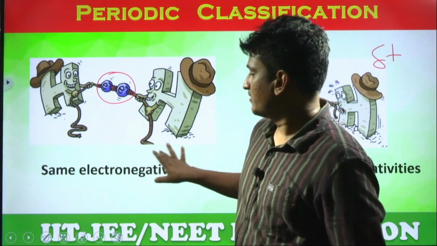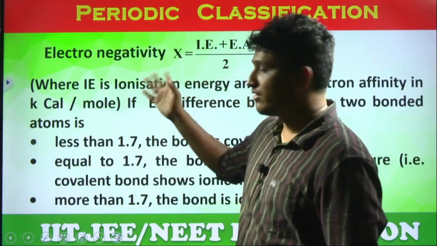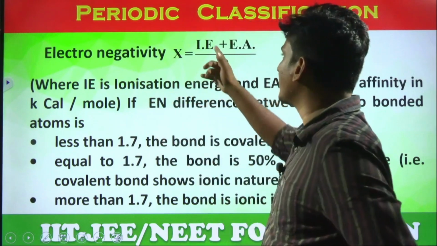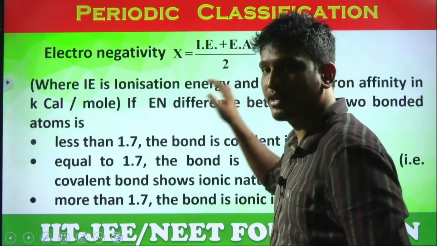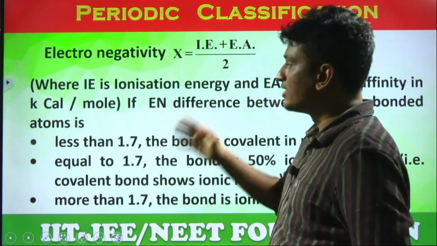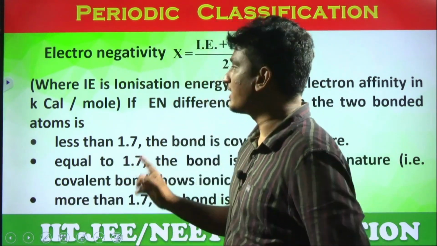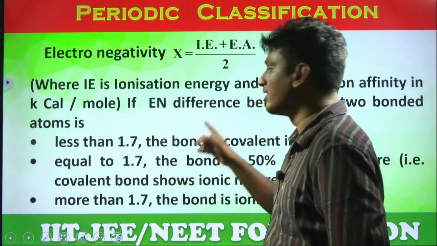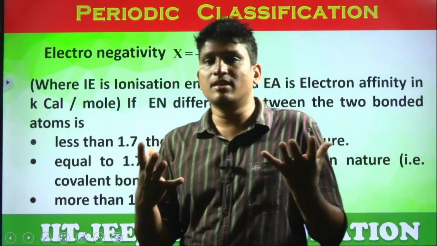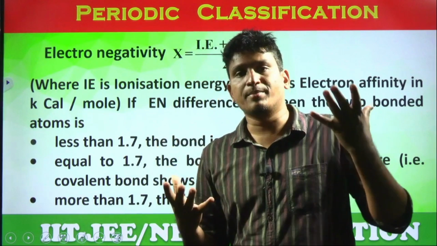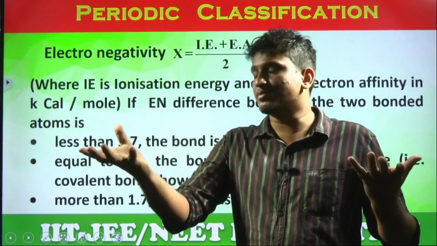Electronegativity is calculated by taking ionization energy plus electron affinity values divided by 2. If the electronegativity difference between combining elements is less than 1.7, it means one element doesn't have that much capacity to lose and the other doesn't have that much capacity to gain.